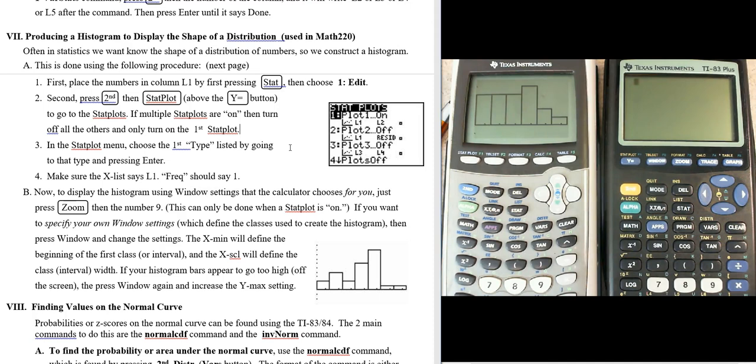But the problem is the intervals or classes for the histogram will be whatever the calculator decides to do. And if you press window, you'll see what it's doing. It's using as the beginning of the first bar of the histogram 38, and then it's using a scale of 11.2. In other words, each bar is 11.2 wide.